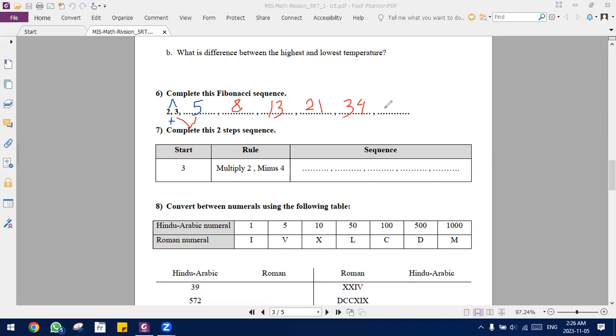Now last one, how can I get it? It's 34 plus 21. 4 and 1, 5, 3 and 2, 5. So the last value is 55. Again, in such a sequence, you should add the last two values to get the new one.